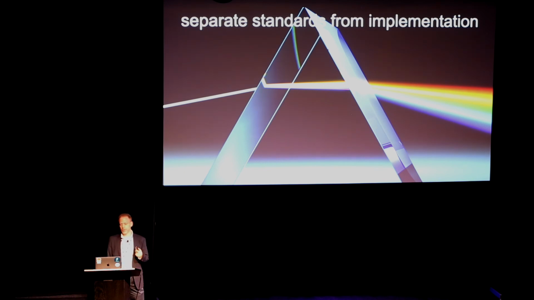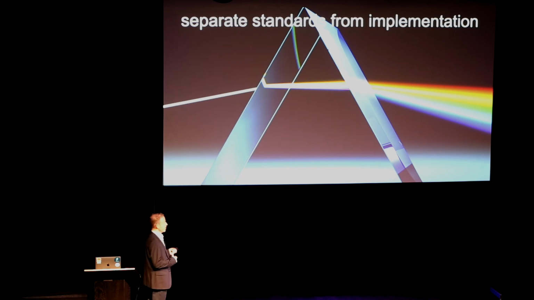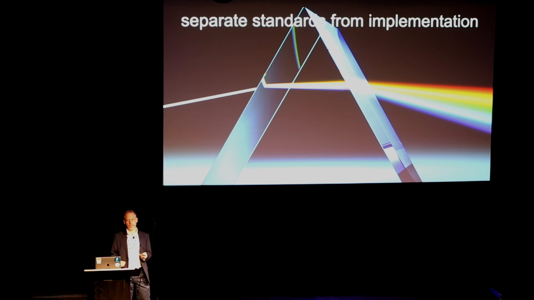Kind of going with this is you have to separate the standards from implementation. To me, this is a powerful image because it is like refracting light. When you have implementation, everything's kind of mixed together, and it's very hard to extract standards from implementation. So you really need to work hard, and we do this all the time within the group, to ask: what is the standard we're going after with this use case?